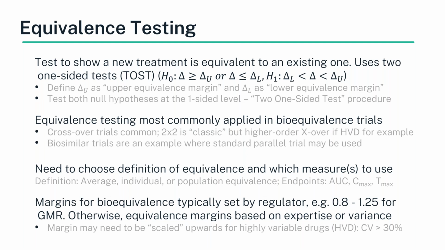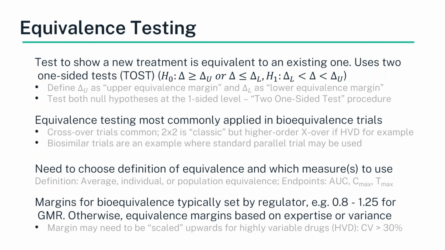And so, as I've mentioned a few times now, equivalence testing is most often applied in bioequivalence trials, where crossover trials are most often seen. A crossover trial is one where individuals receive more than one treatment over the course of the study.